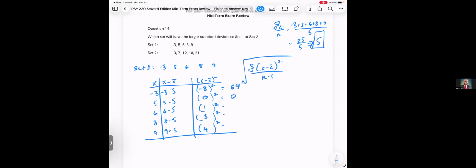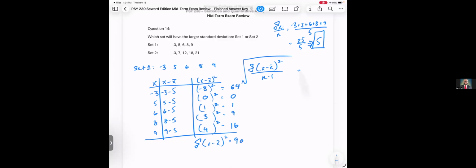Goose egg, because 0 times 0 is goose egg, or 0. 1 squared is 1. 3 squared is 9. 4 squared is the same as 4 times 4, which is 16. And now I'll be able to take the sum of my deviations squared. So that'll be 64 plus 0 plus 1 plus 9 plus 16. And in so doing, you'll get 90.